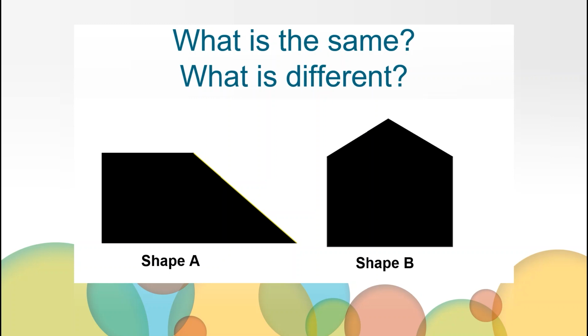You may have noticed that bow shapes can be decomposed or broken apart into other shapes. You may have also noticed that bow shapes could be broken into a triangle and a quadrilateral.